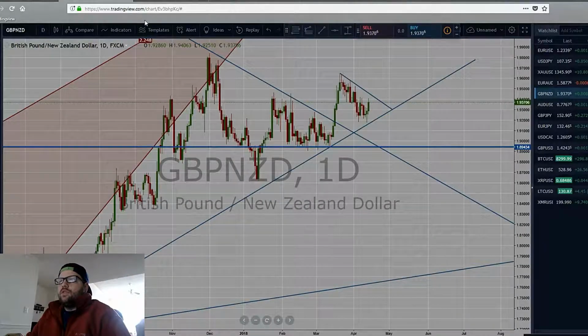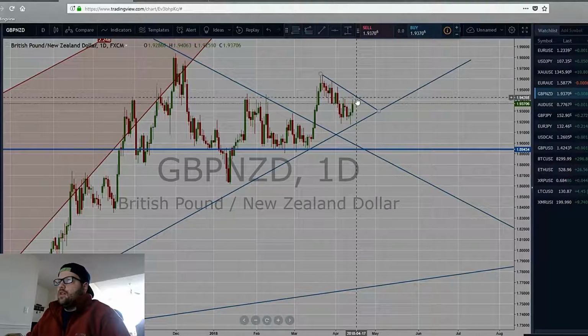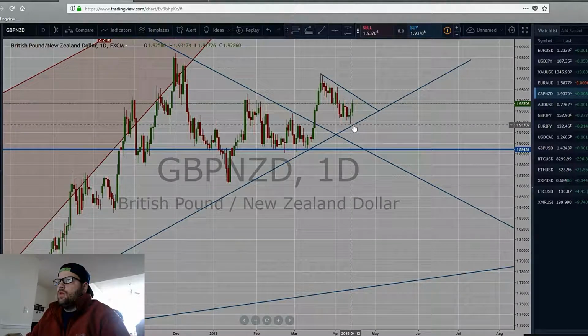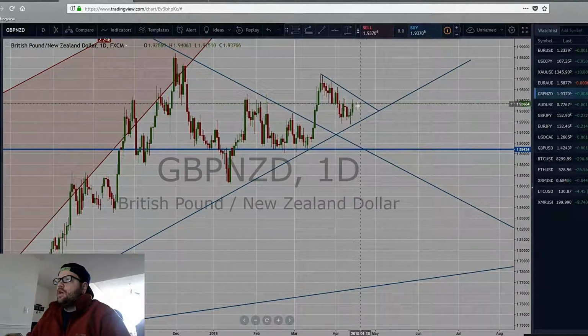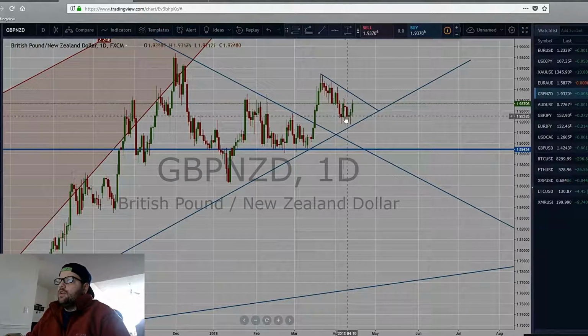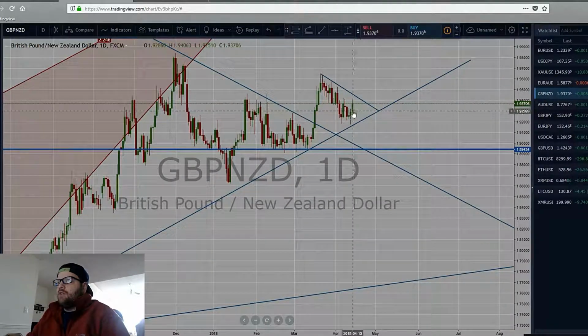Let's go ahead and drop down to the daily time frame. Excuse me. I added in this trend line on the daily time frame. You can see last week, Thursday was a rejection to the downside. Friday was bullish, and the days before that were kind of consolidating.